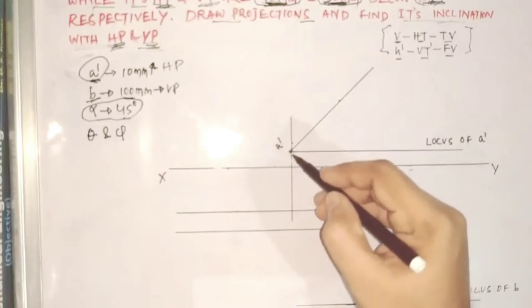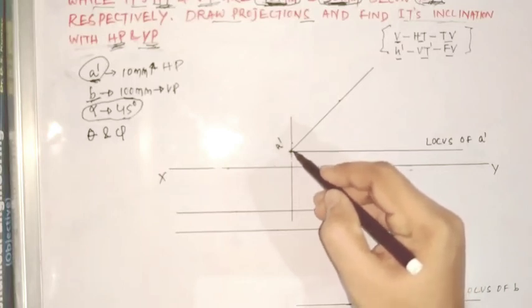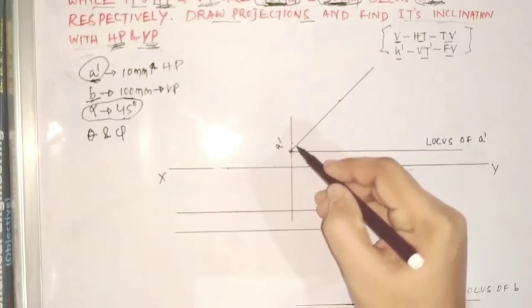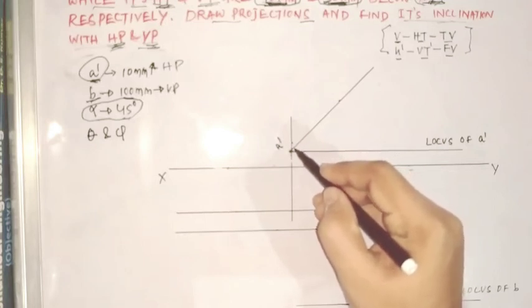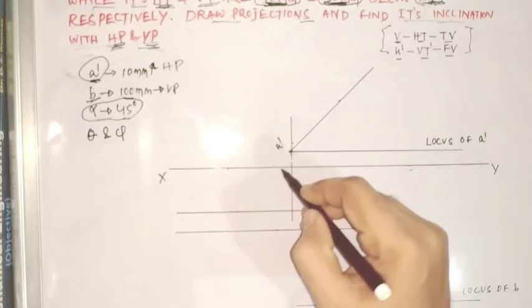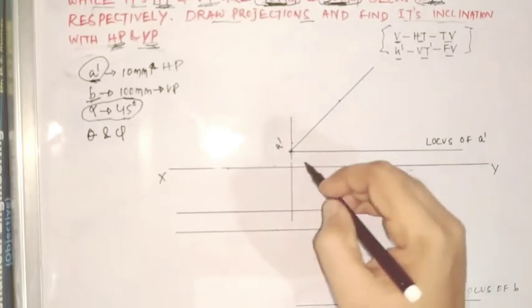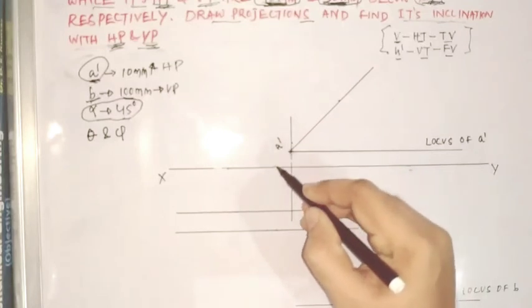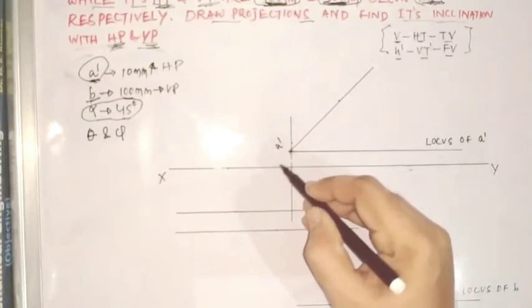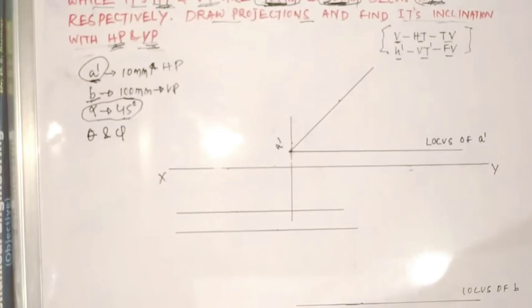So what can I do now? The intersection point of the extension of that front view and your reference line, that point is known as H dash. So if I extend this line, the intersection point will be called as H dash.